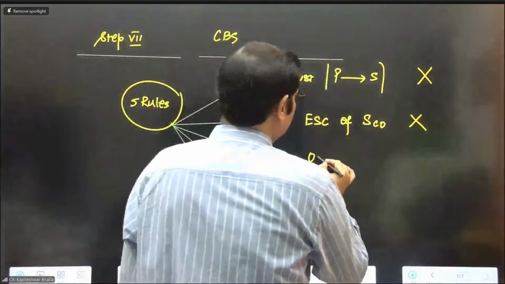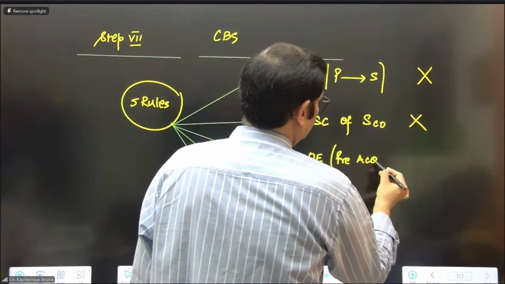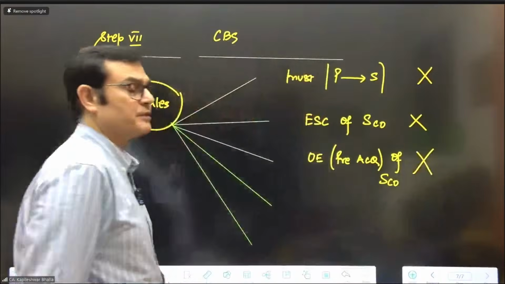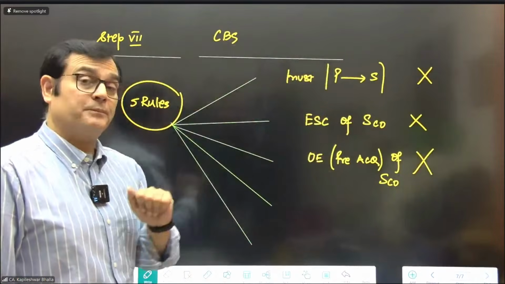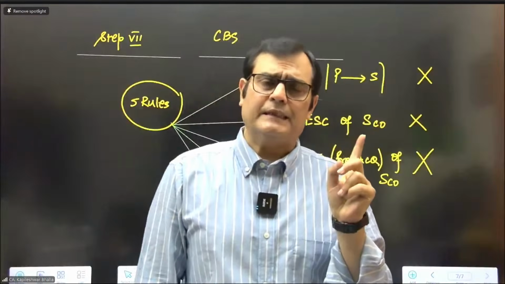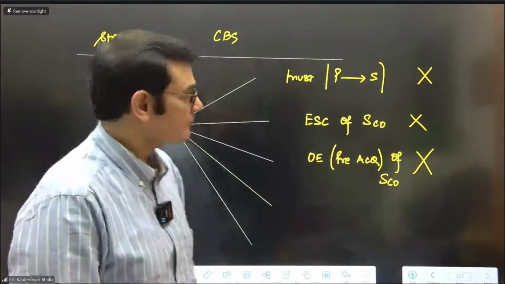Then there is other equity, which is pre-acquisition in nature of the subsidiary company, that also never appears in the consolidation. The post-acquisition does appear, but that is split between the parent and NCI that you've already taken in step number related to NCI and 6.